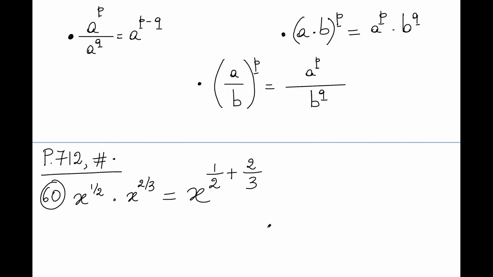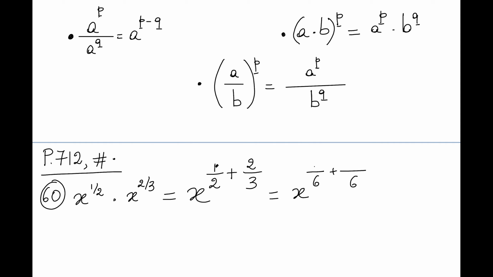Right? And 1/2 plus 2/3, how do we do it? We come up with the same denominator, and that common denominator in this case is 2 times 3, which is 6. I want to write half as something over 6, multiplying upstairs and downstairs by 3 to come up with a 6 downstairs.